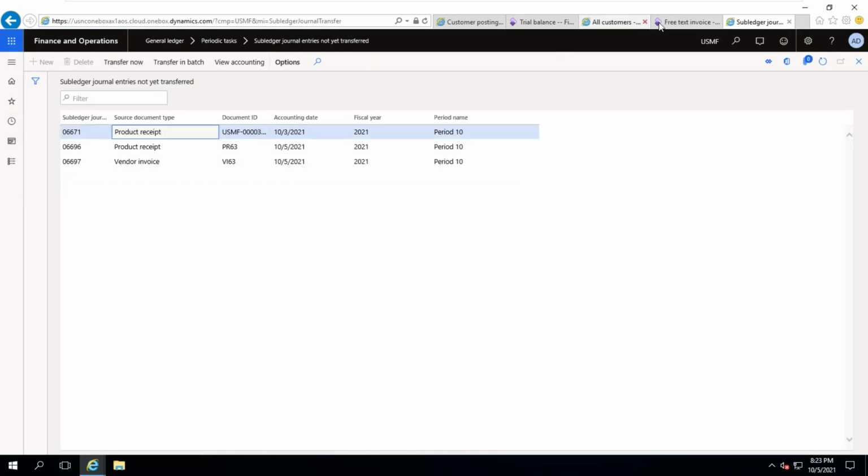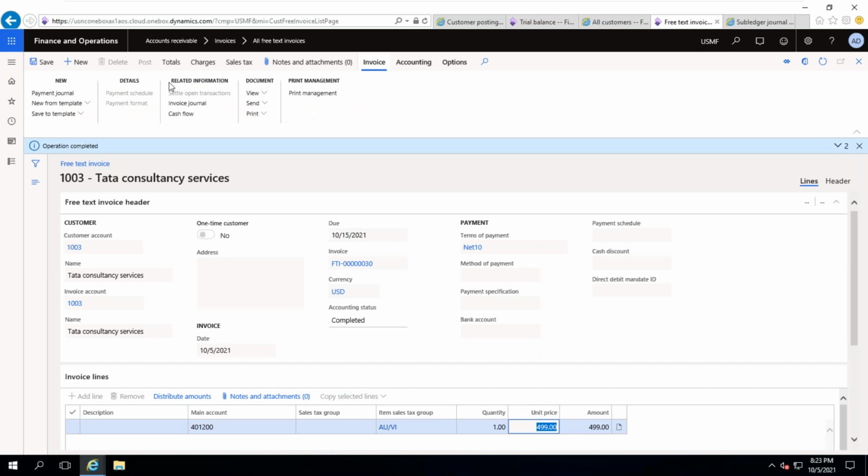Now, if you go to the invoice and verify the voucher, it will post to 130400.